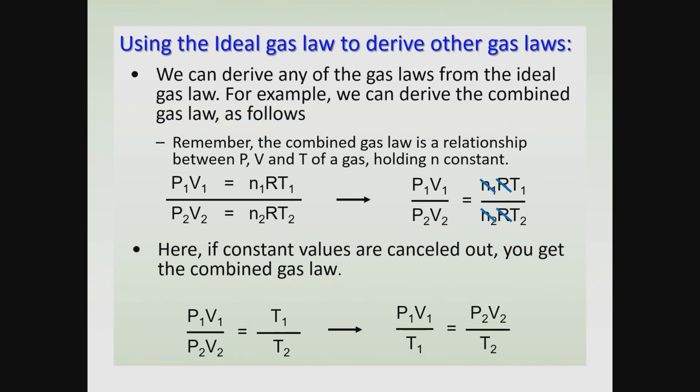And so, again, what you can see is that if you write out the ideal gas law twice under two different conditions, put the first condition in the numerator, the second condition in the denominator, and cancel out the variables that remain constant between these two conditions, you can derive the relationship between the other variables in these two different conditions.